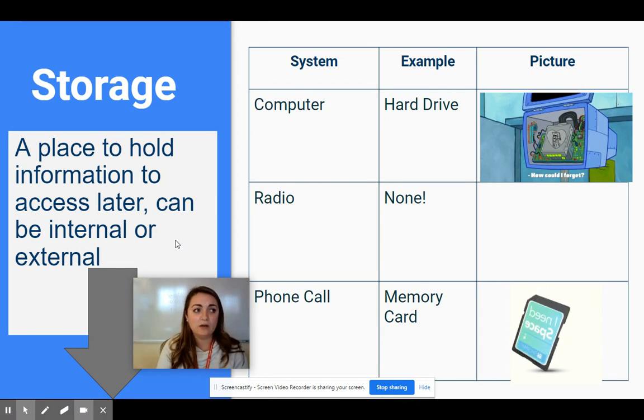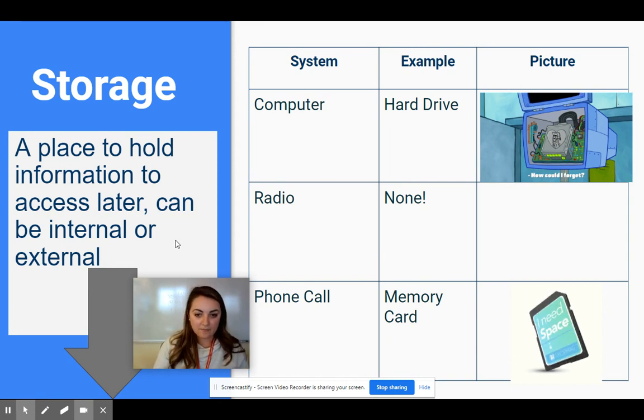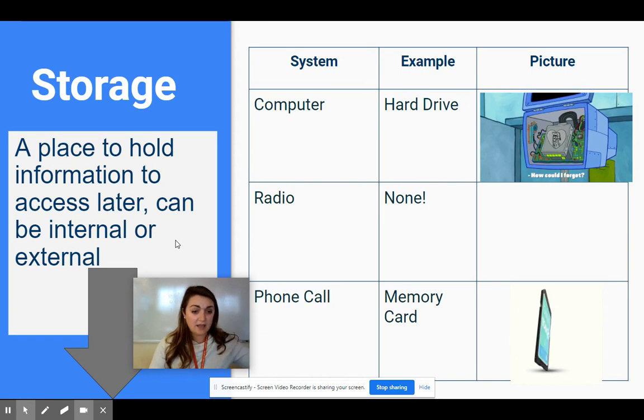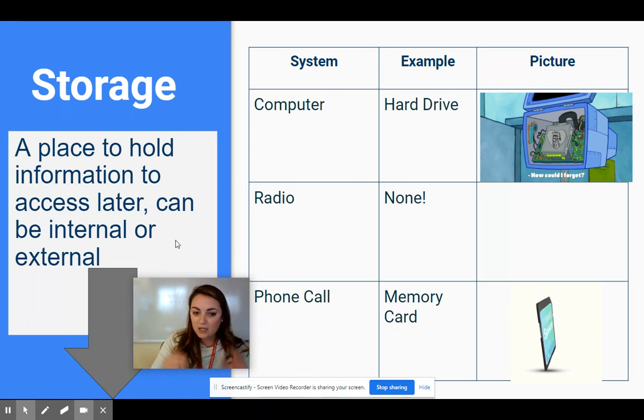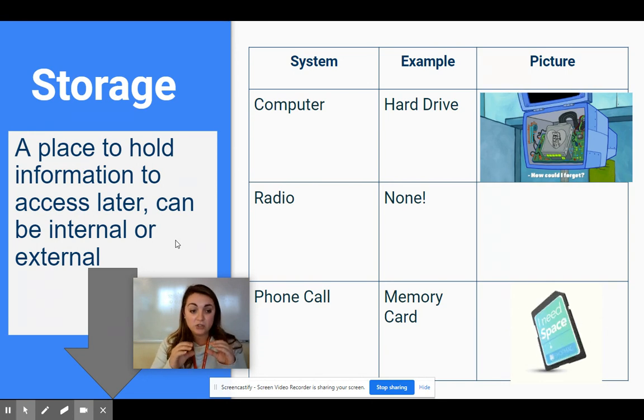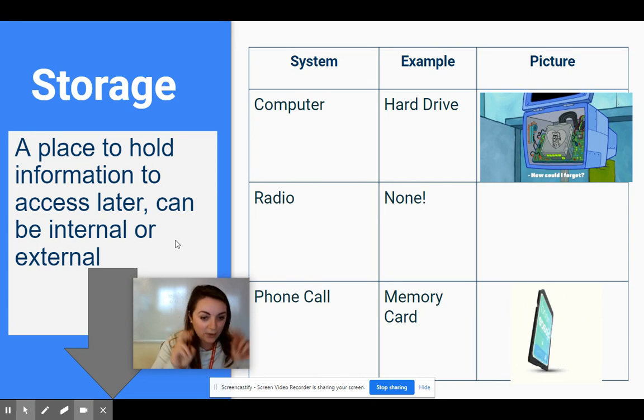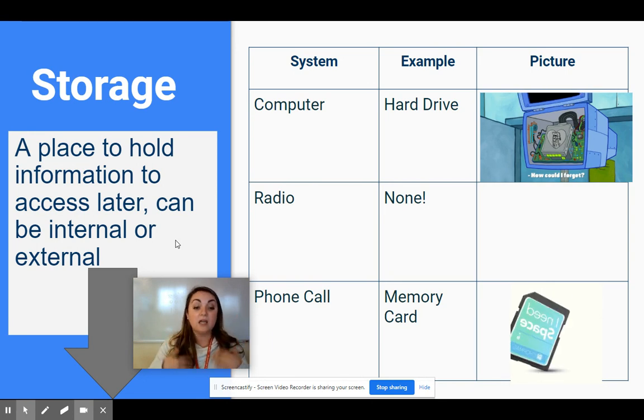For example, when you go to Google and I want to type in the best chocolate chip cookie recipe. Well, after I look that up, the next time, even if I'm on a different device, if I'm logged in under my Google account, as soon as I type in the best, chocolate chip cookie recipe is going to pop up as an option. That's because there's external storage somewhere else, the cloud, that is keeping that information.